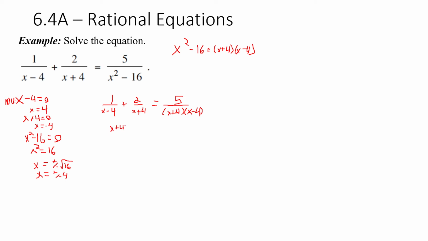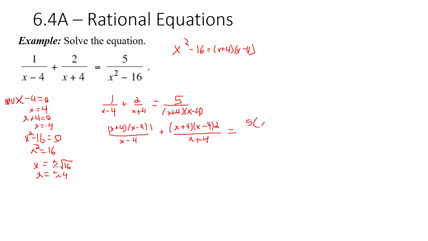So x plus 4, x minus 4 times 1 over x minus 4, and then plus x minus 4. So notice how this strategy of just multiplying everything by the lowest common denominator is longer, a little bit more writing, but it gets the trick done.